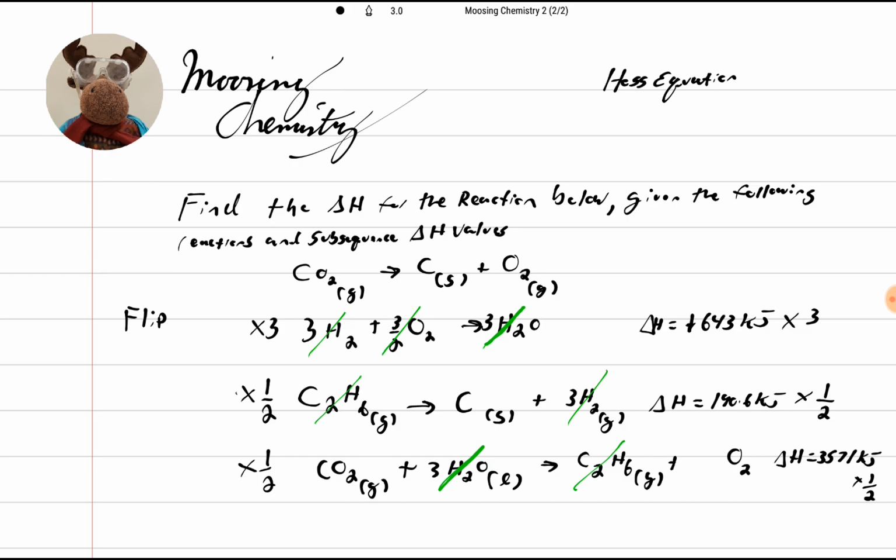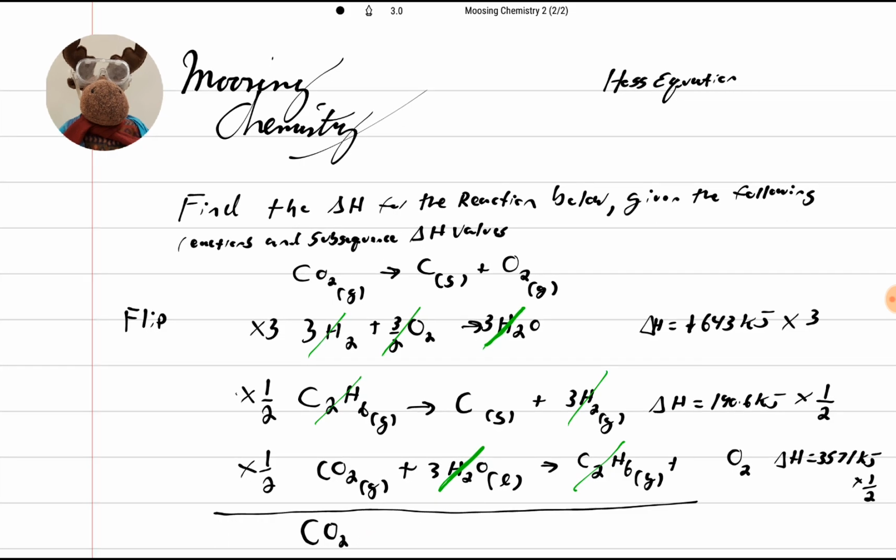All right, now let's see what our equation is going to look like. So on this side we have CO2 all by itself. That's what we wanted, and that's a gas.